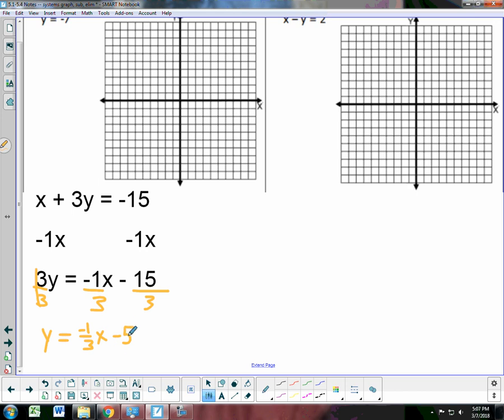So there's my equation. I'm going to start at negative 5. And I'm going to have a negative 1/3 slope. So go down 1, right 3. Same thing going the other direction. And graph our line.